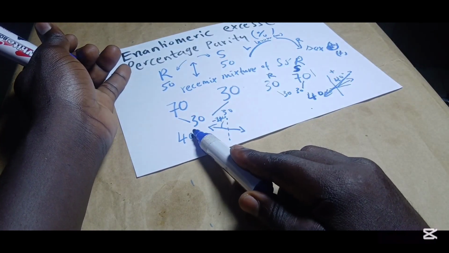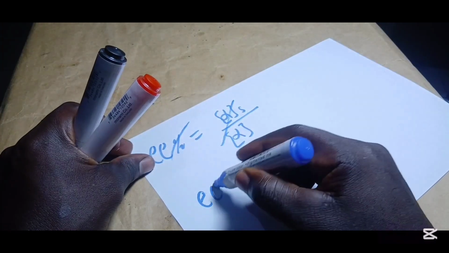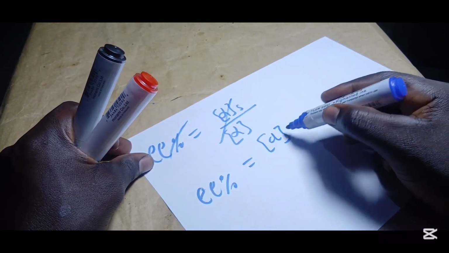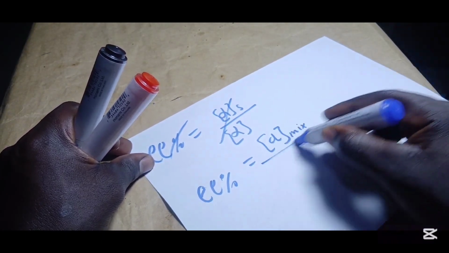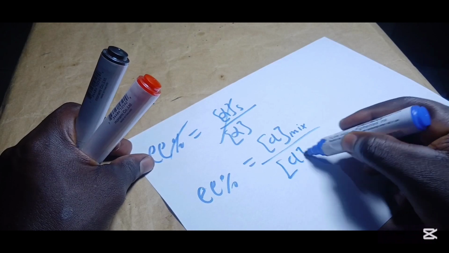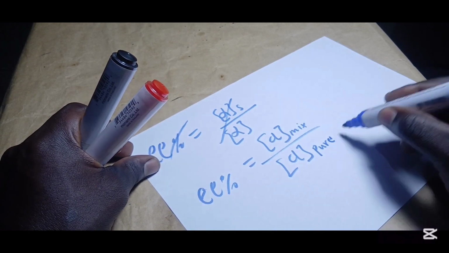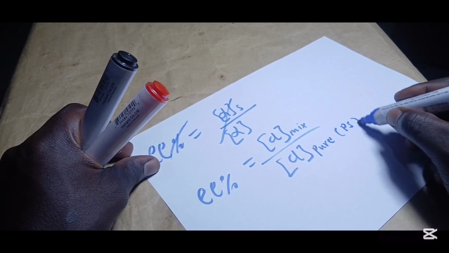And the enantiomeric excess is calculated as the specific rotation of the mixture over the specific rotation of the pure sample, which is PS, pure sample.